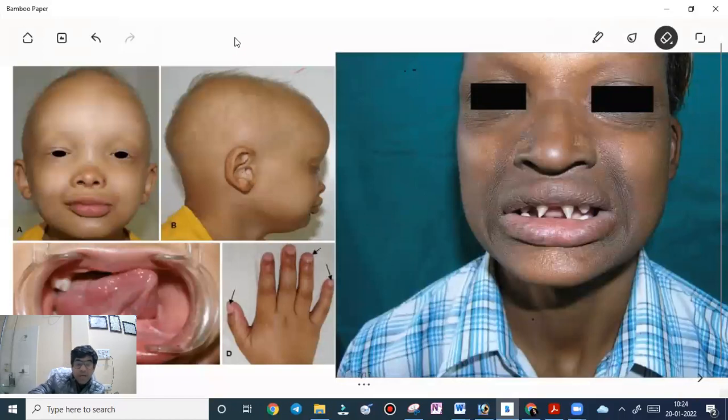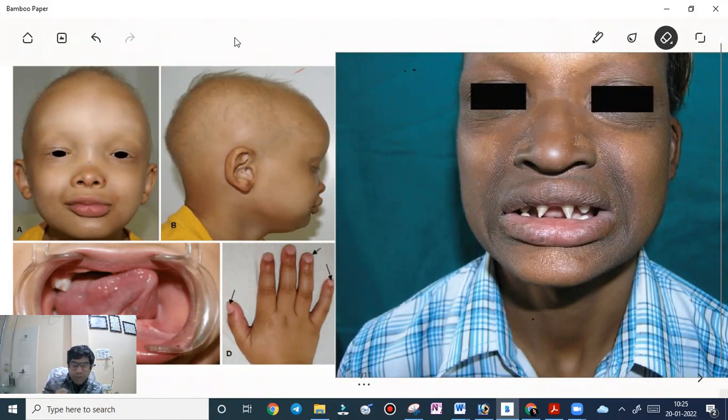So there will be abnormality in ectoderm. Another question that the examiner can ask is, what are the structures that are derived from the ectoderm?